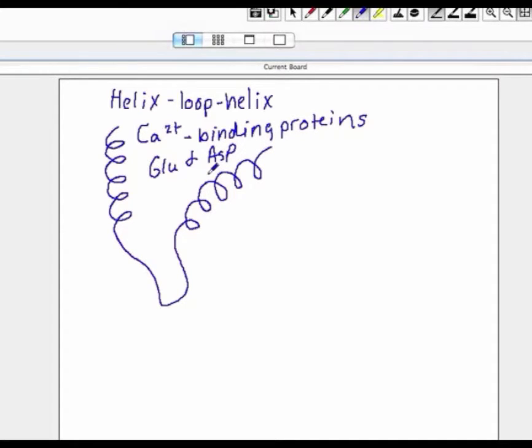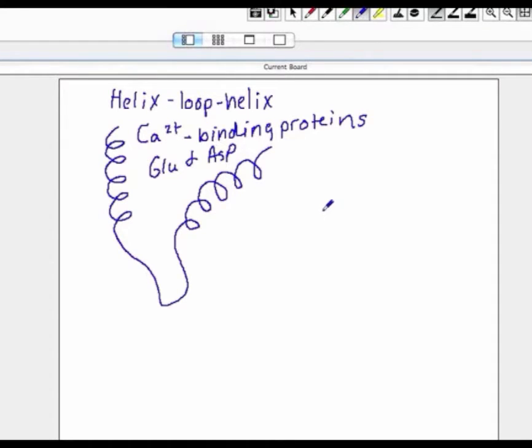Glutamate and aspartate. You do see within these motifs glutamate and aspartate, acidic amino acids that can interact with the calcium cation. They carry a negative charge, so that's a nice love-love interaction that goes on there. So one motif then is the helix loop helix.